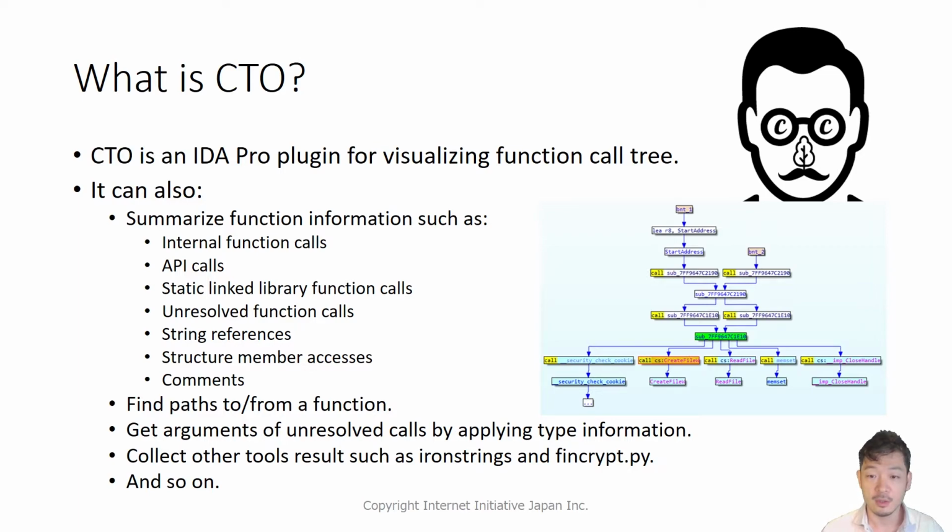And CTO can also find a path to or path from a function. Get arguments of unresolved indirect calls by applying type information. Collect other tools' results such as IDA strings and findcrypt.py and so on. I hope you like it.